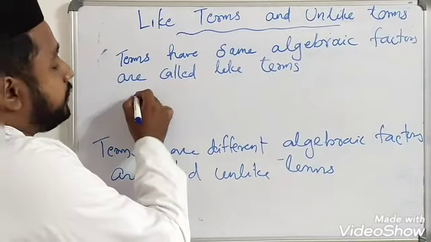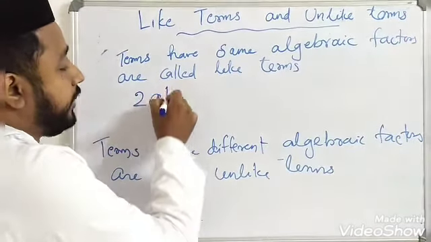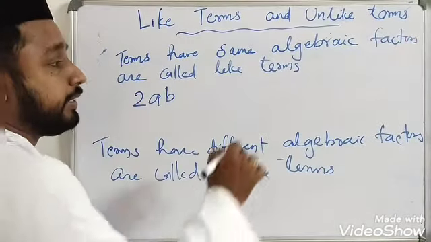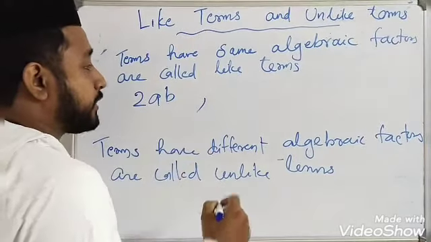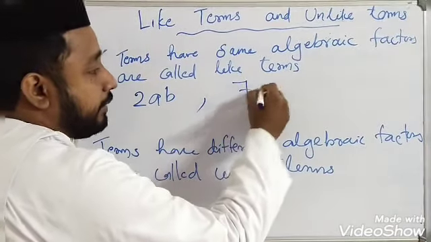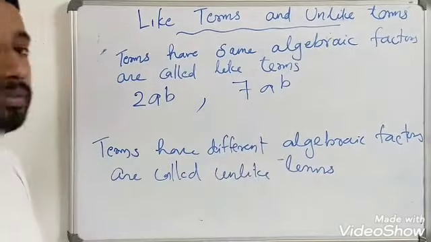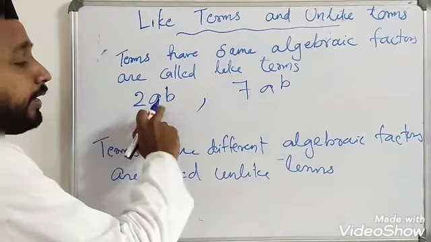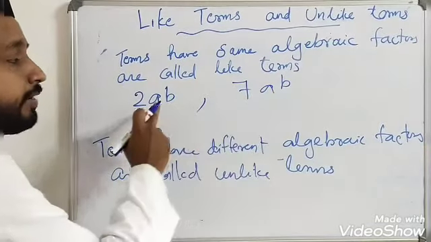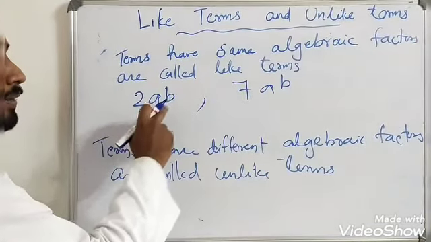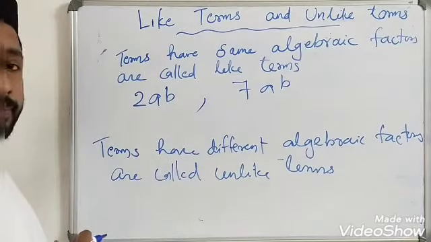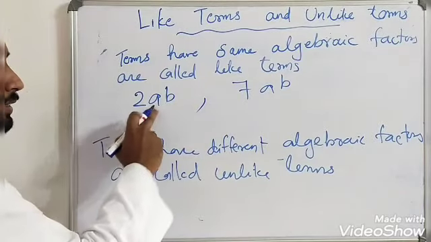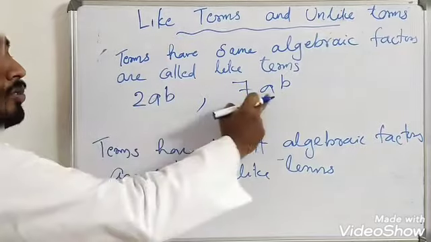I am going to write 2ab, then another algebraic expression, 7ab. Look here. 2ab, 7ab. What are the factors? 2, a and b. Here 7, a and b. Algebraic factors: here variable a, here also variable a.